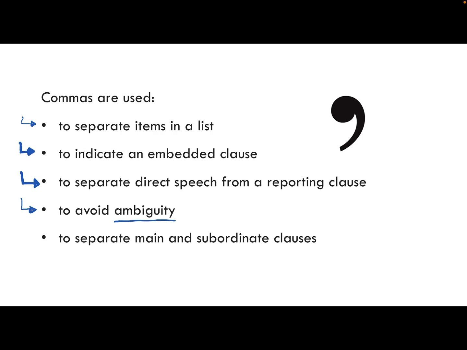Now there's this one here. To avoid ambiguity. A really unusual word here. Ambiguity. It comes from the word ambiguous. Does anybody know what ambiguity means? You might want to say ambiguity.